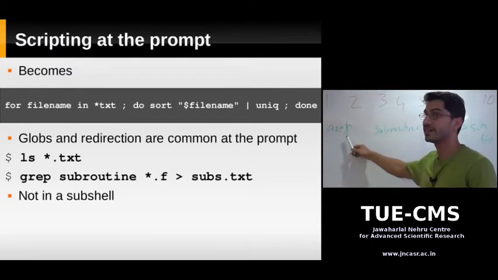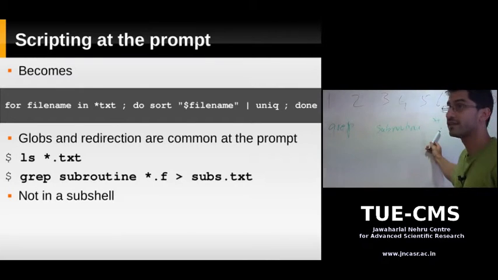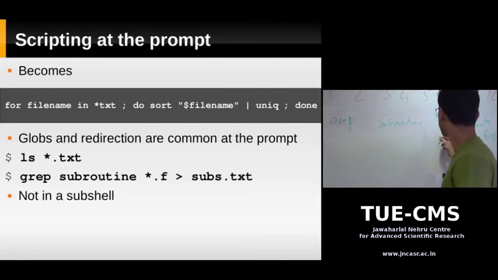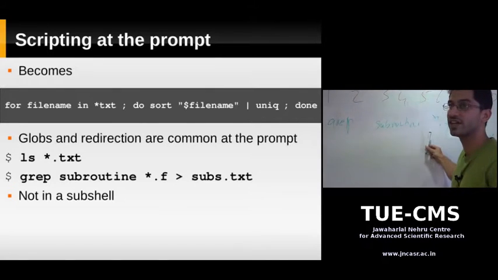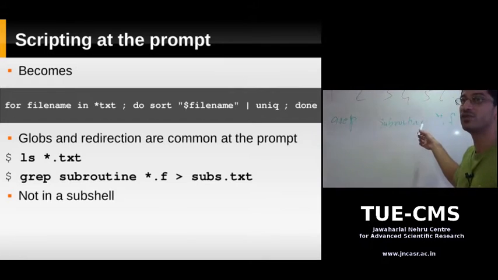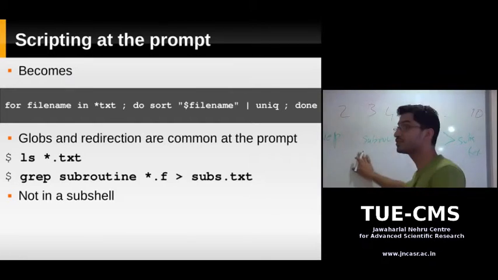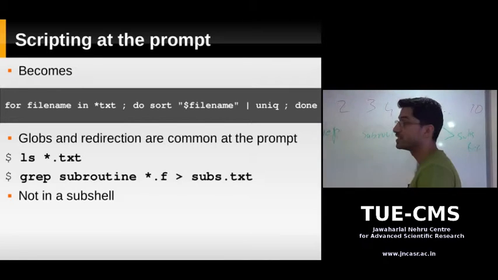You know the grep syntax, grep pattern file. Our pattern is the word subroutine, and for the file we put star.f. The shell sees the star.f, expands it to the names of all the files that end with .f in your current directory, and grep is going to search for this word within all of those files.